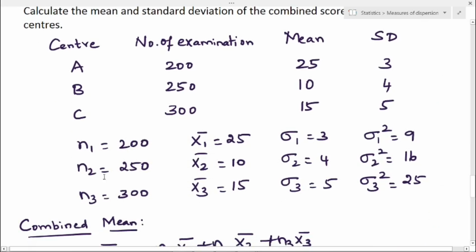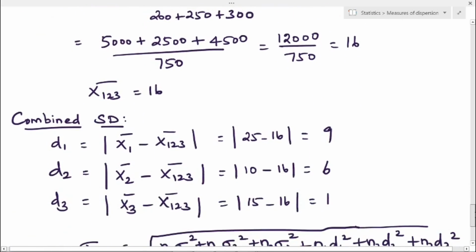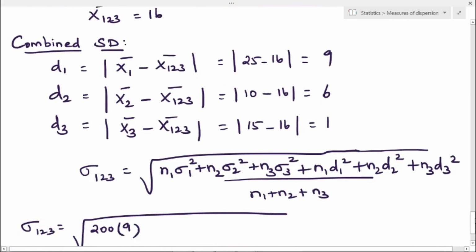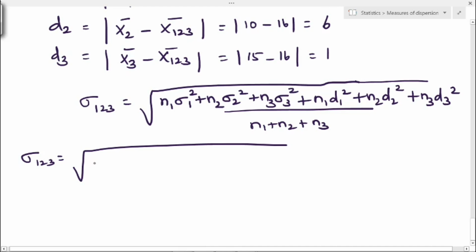N1 is 200, n2 is 250, n3 is 300, sigma 1 square is 9, sigma 2 square is 16, sigma 3 square is 25, and d1 is 9, d2 is 6, d3 is 1.